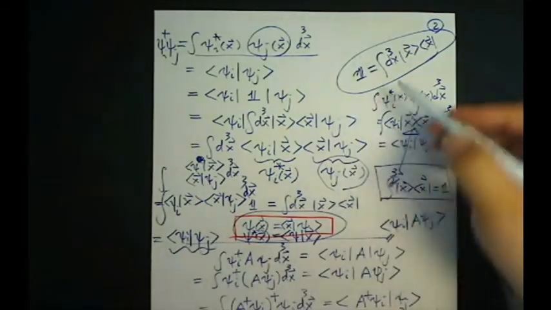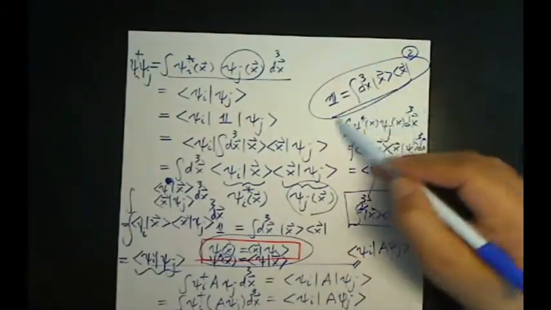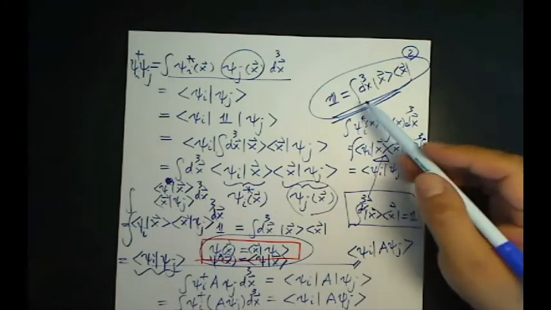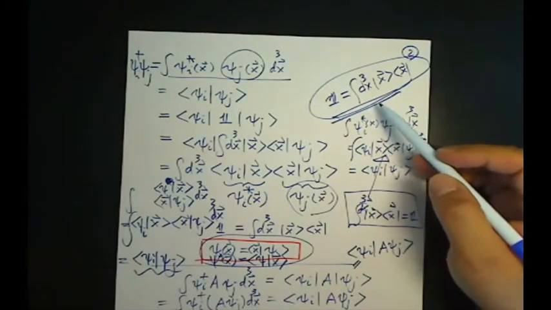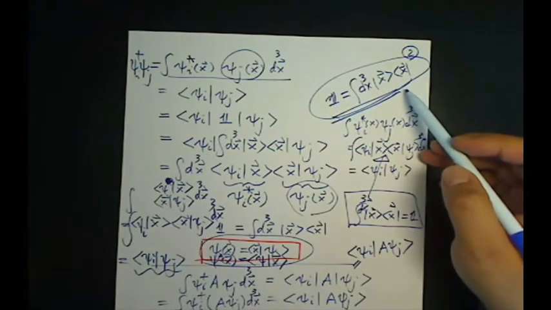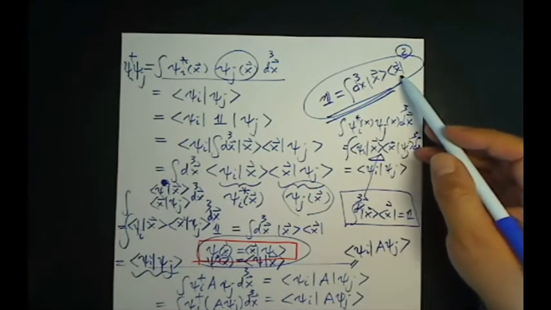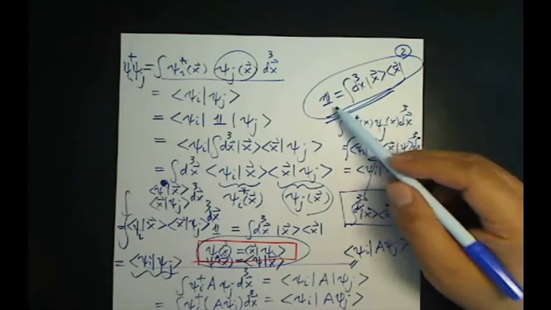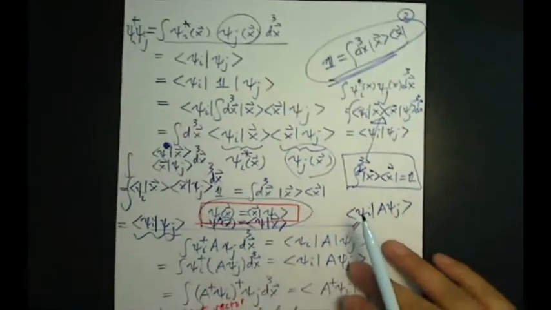That means we have another completeness relation. The integral over x of the direct product of the state ket composed of coordinate is just identity, right?